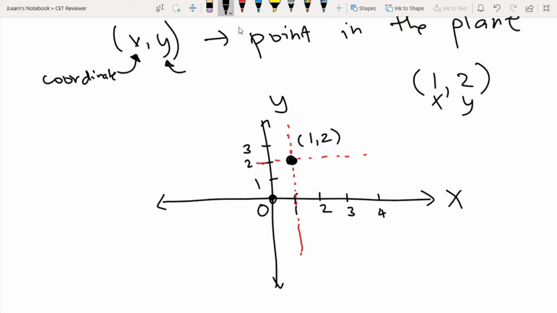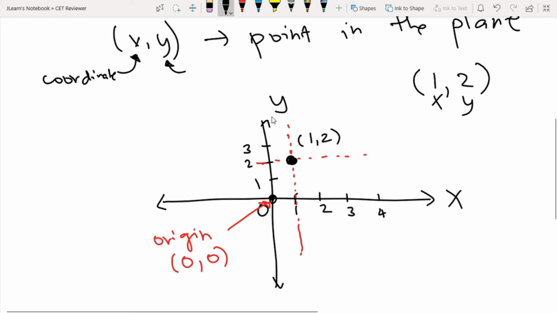So, another definition of terms, yung point na to, we call this the origin, and yung point na yan ay (0, 0). Yung line na to, we call the y-axis.